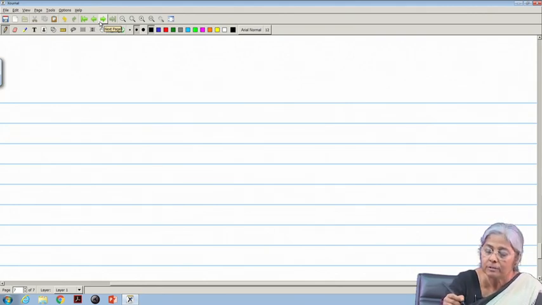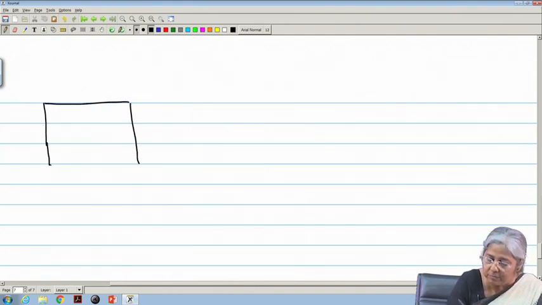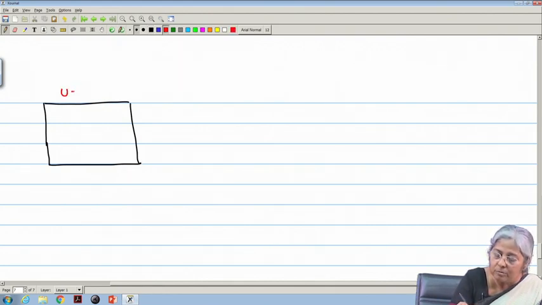So, for this problem, we draw the Venn diagram. This is my universal set, U, which is 165 students.